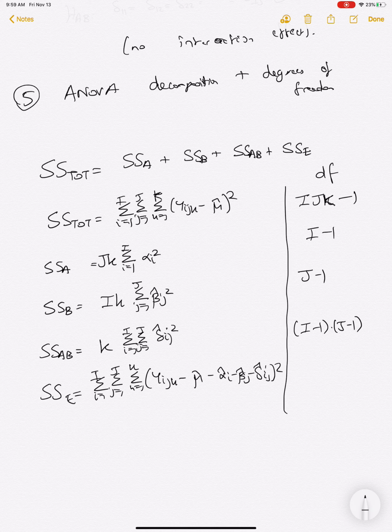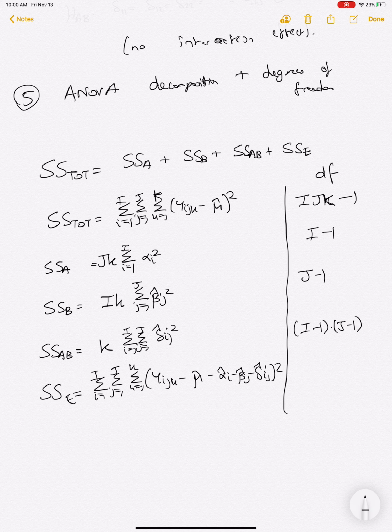So I minus 1 comes from the fact that we have the I different alphas plus the constraint, and then you have the j different betas plus the constraint. The I minus 1, j minus 1 comes from the fact that we have the ij different deltas, but then you have the constraints. And so that's why you need to subtract off the I minus 1 times j minus 1.